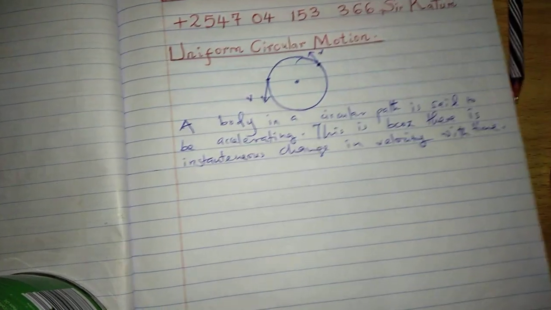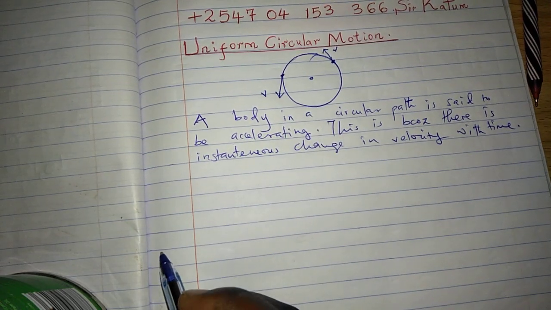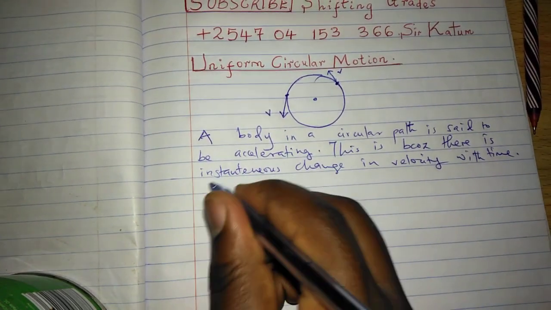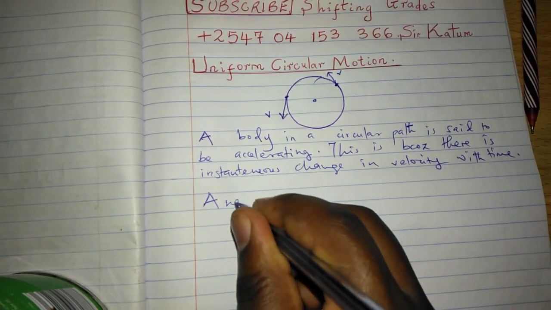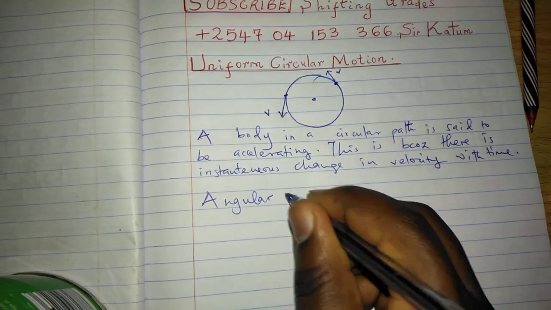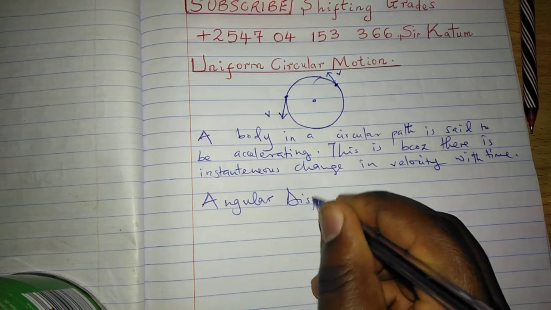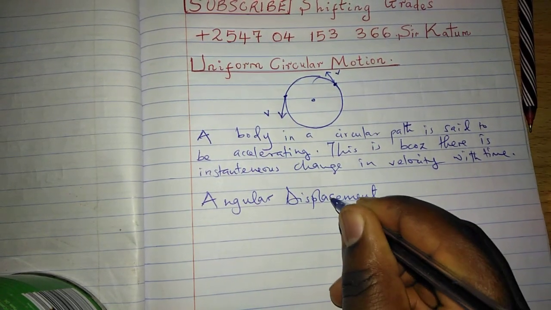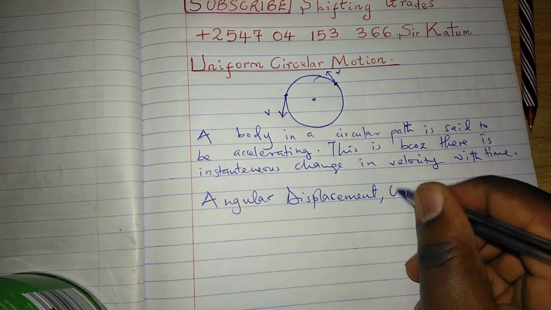It is important we define a few terms associated with uniform circular motion. Terms like angular displacement. Angular displacement is abbreviated theta.